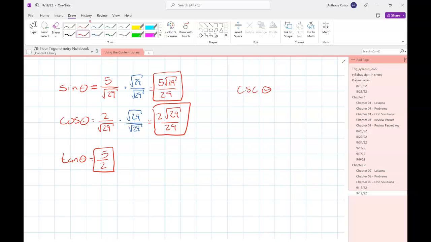Cosecant theta. Cosecant theta is the reciprocal of which one? Sine, right? Well, I'm going to just take my answer from sine and flip it. Everybody cool with that plan? So where do I want to take the answer for sine to do my flipping?